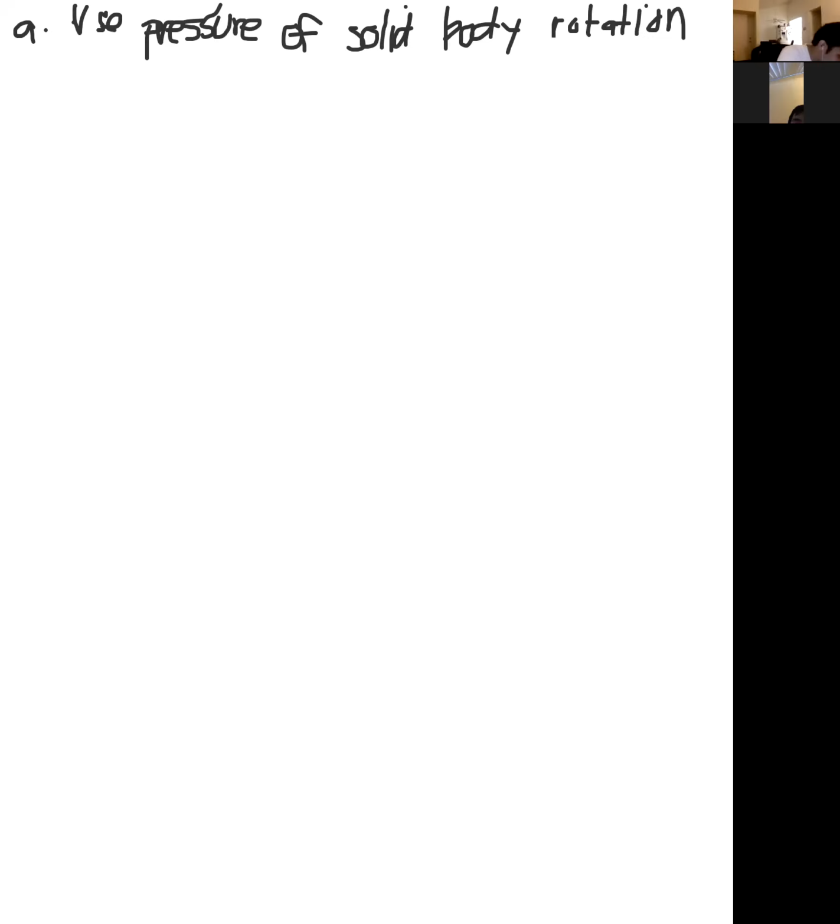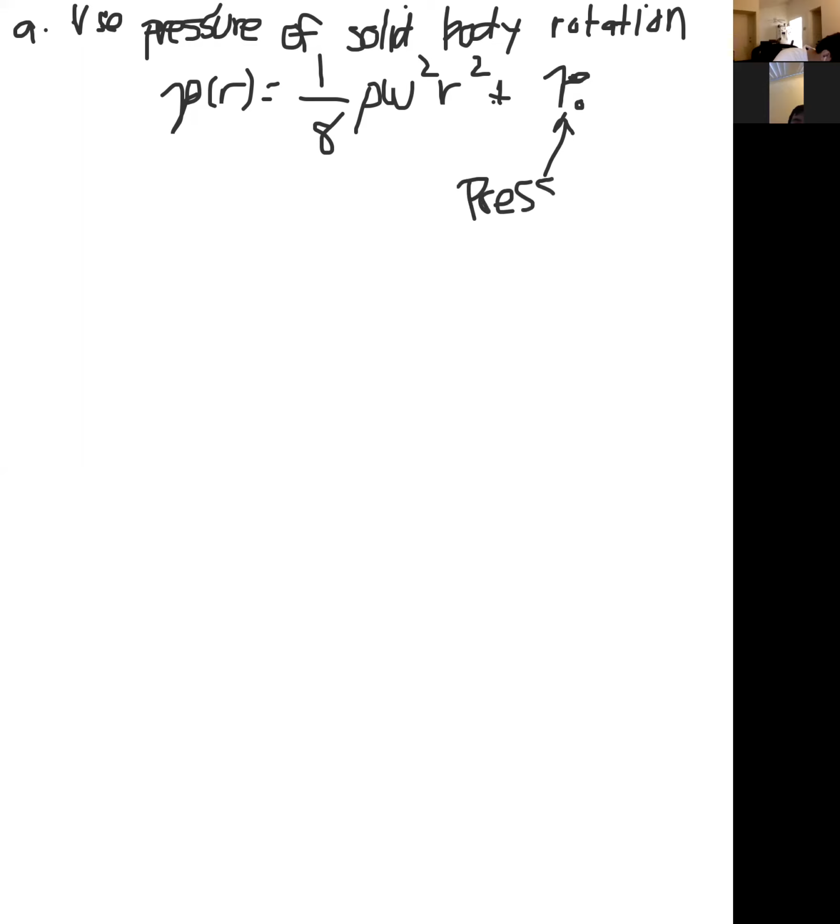That formula is given by P of R equal to 1 over 8 rho omega squared R squared plus P naught, where P naught is the pressure far away from the vortex. That can represent basic atmospheric pressure.